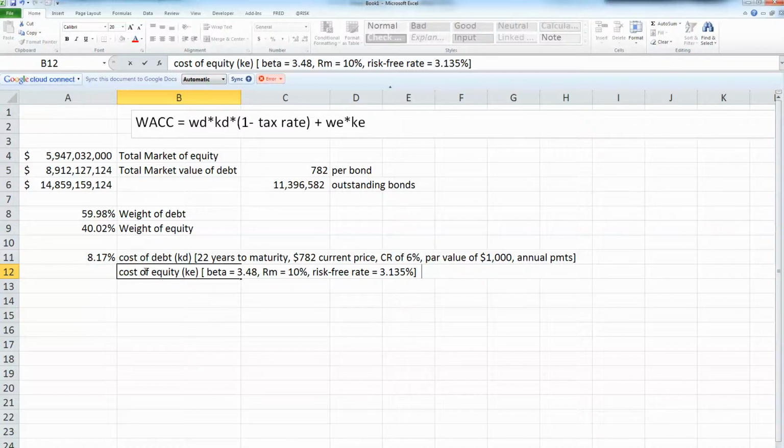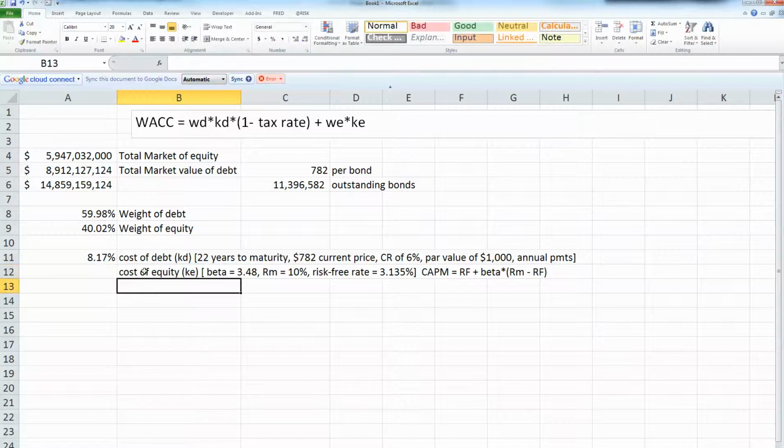Now I can use the CAPM to determine the cost of equity. And the formula for the CAPM is risk-free plus beta times (return on the market minus risk-free). So I'm going to plug in this equation here.